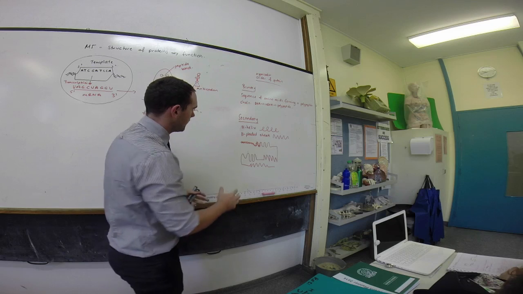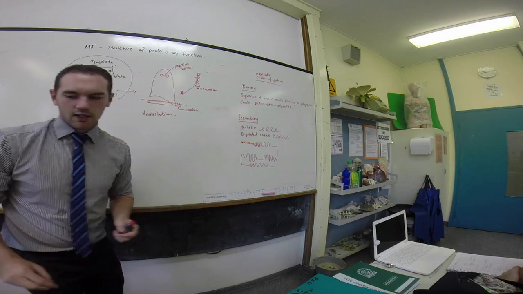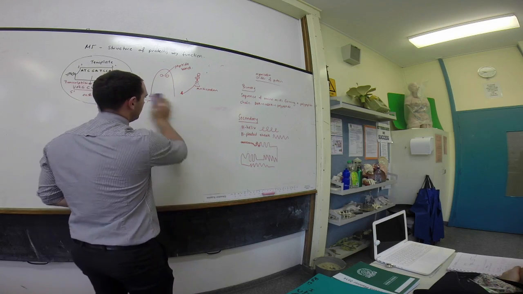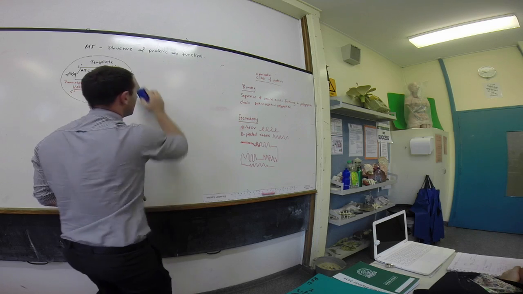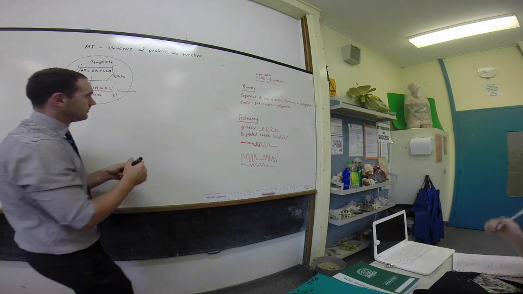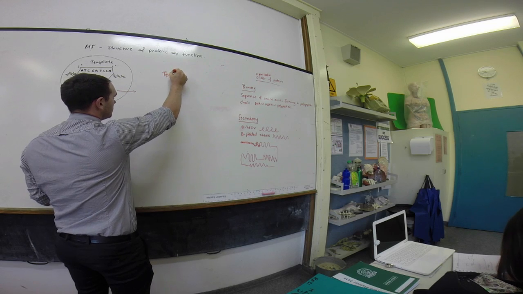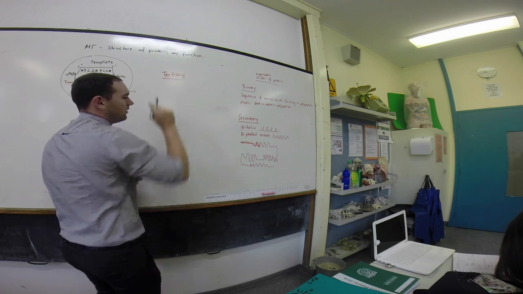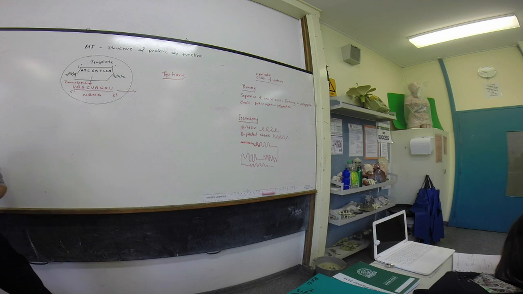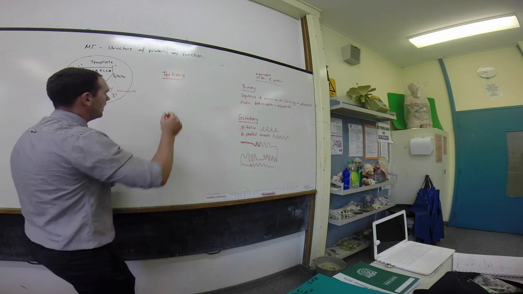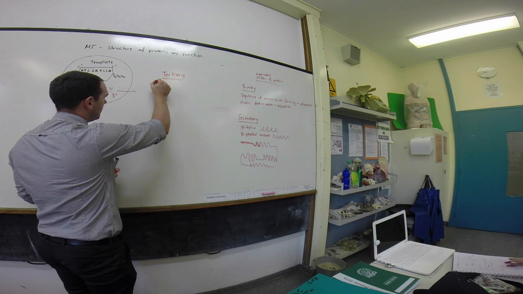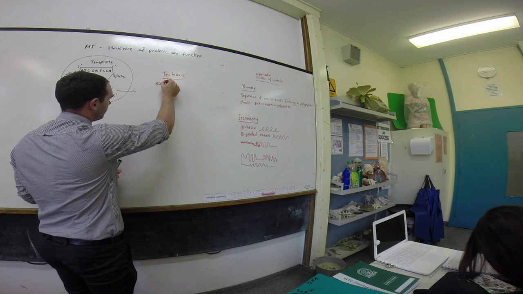Okay? So after primary, secondary, we then go into tertiary, just like your schooling. So tertiary education is university. And in tertiary, this is where we form the final three-dimensional shape.